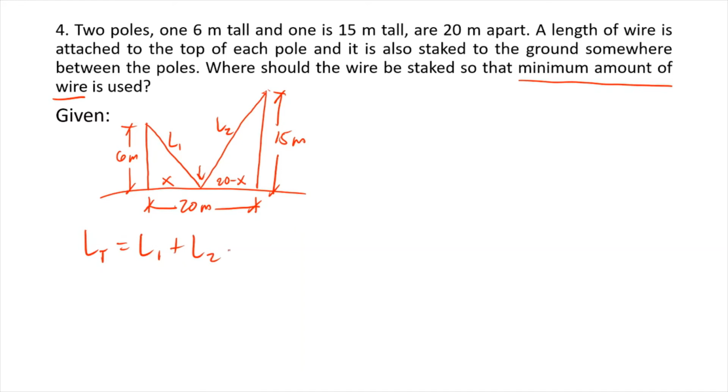Okay. Again, we are asked to find where should the wire be staked. So that's x meters from the 6 meter tall pole, or 20 minus x meters from the 15 meter tall pole, minimizing the length of the wire. Let's solve.